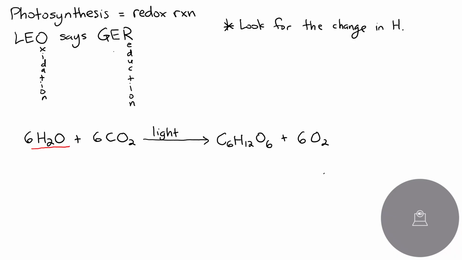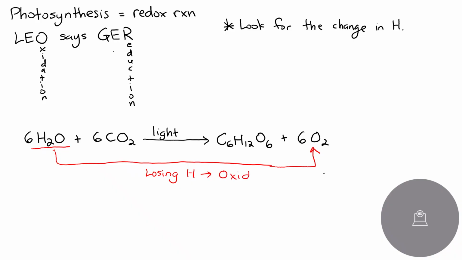So, on one side we have the reactants, the other side of the arrow, the products. I'm underlining water, and we're going to look for that change in H. So when I am trying to predict what water becomes, we're looking for that change in H. And so the change in H would be not having an H since the reactant had the H. So this is losing the H for hydrogen, and so this is going to be oxidation.